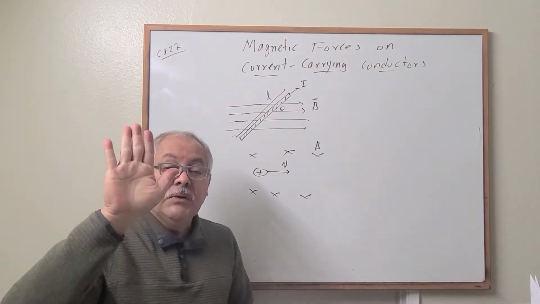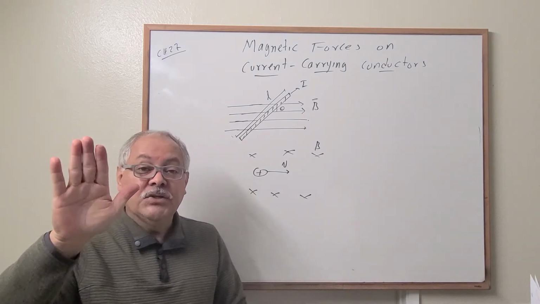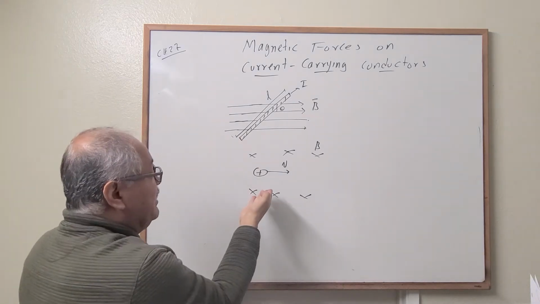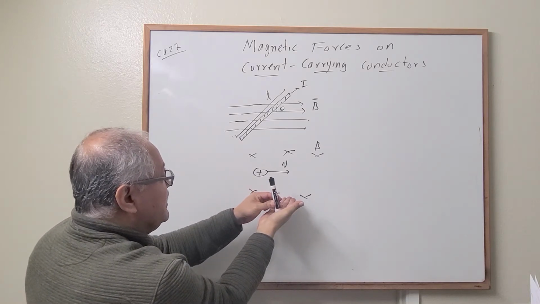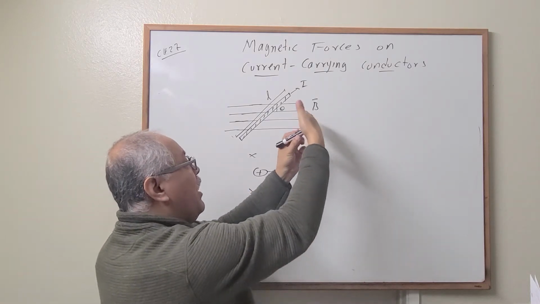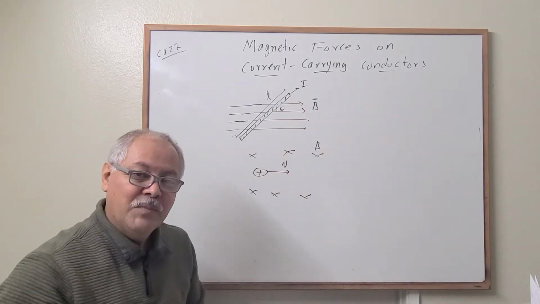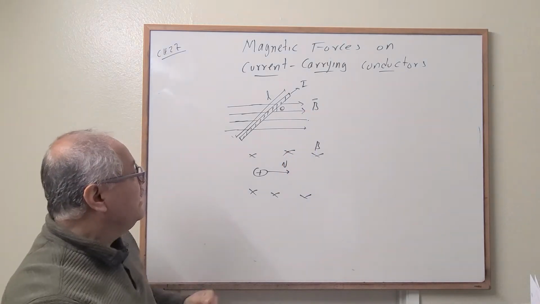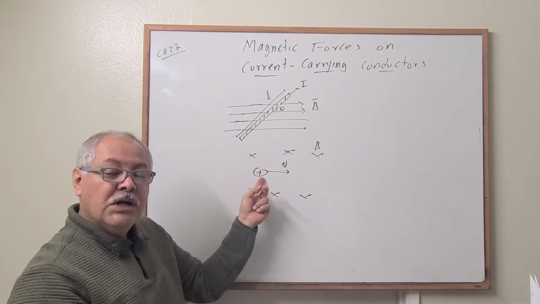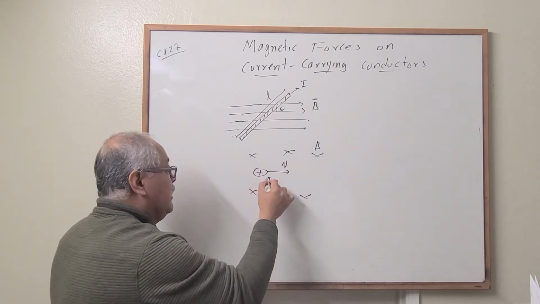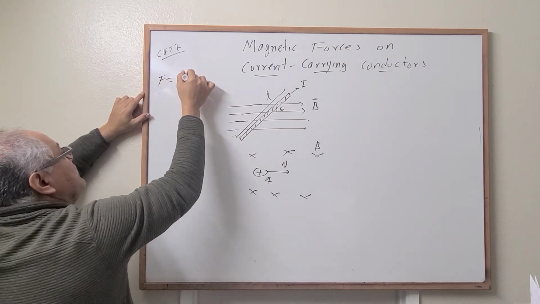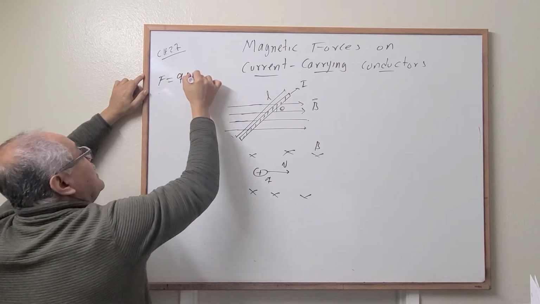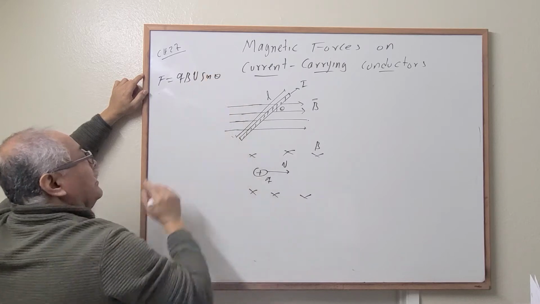To do that, we use the right-hand rule to find the direction. In this case, it's going to be the magnetic field in this direction, the velocity in that direction. So the force is acting in this way, and the path is going to be a circular path. We found this before. This is the case when we have one charge, charge Q, and the force acting for one charge is equal to the charge times V times the magnetic field times sine theta.